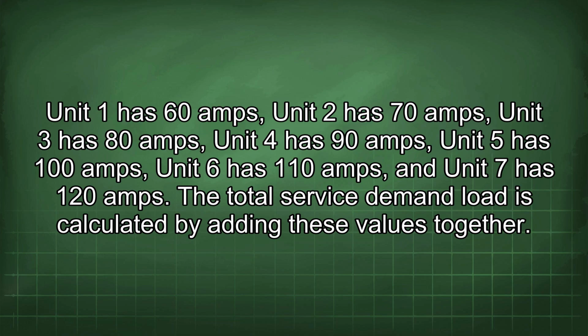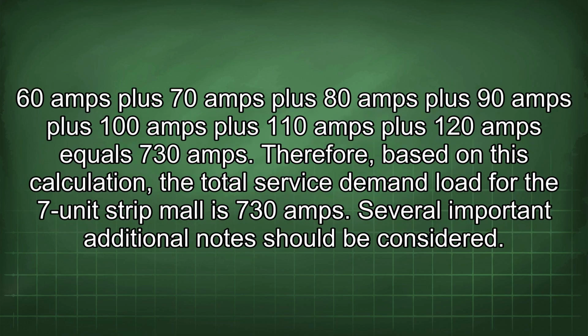The total service demand load is calculated by adding these values together. 60 amps plus 70 amps plus 80 amps plus 90 amps plus 100 amps plus 110 amps plus 120 amps equals 730 amps. Therefore, based on this calculation, the total service demand load for the 7-unit strip mall is 730 amps.